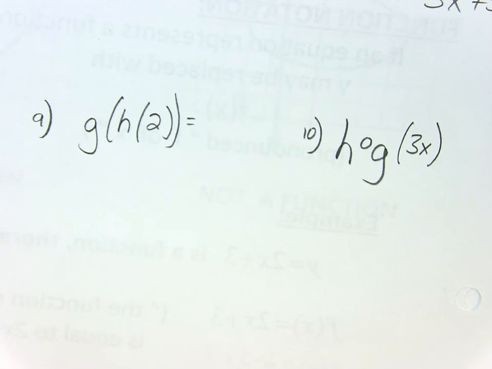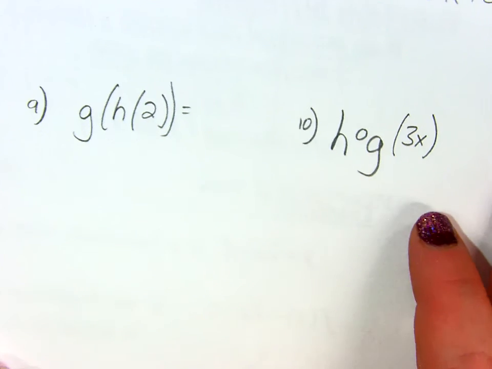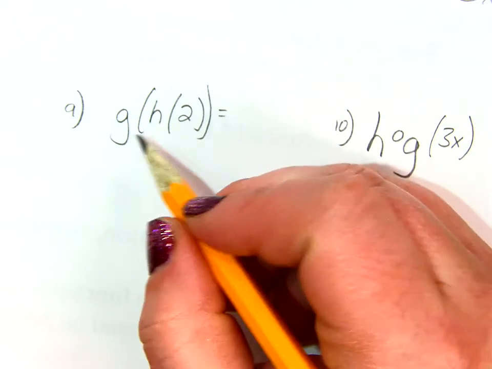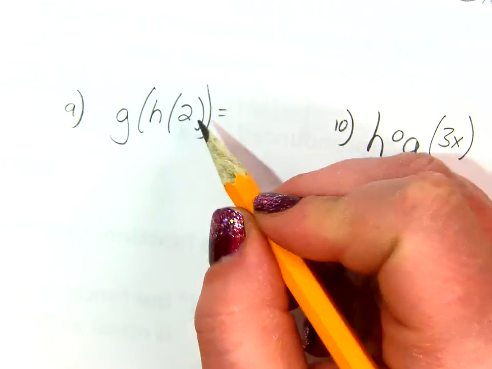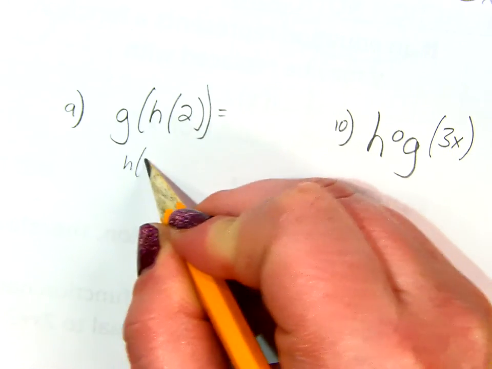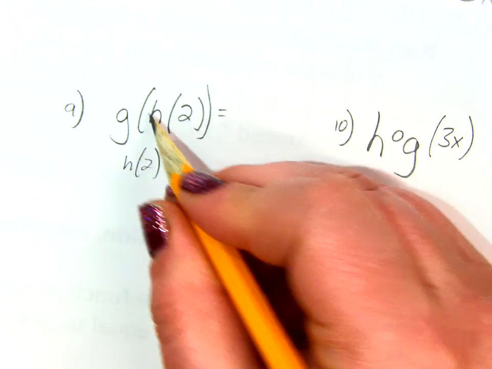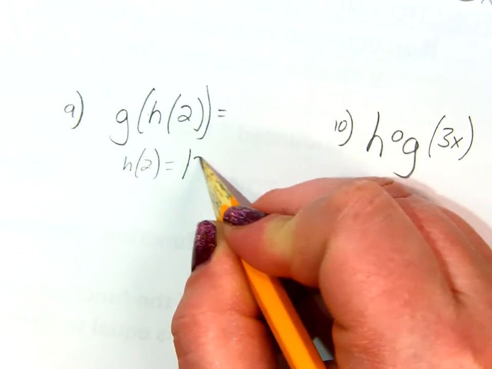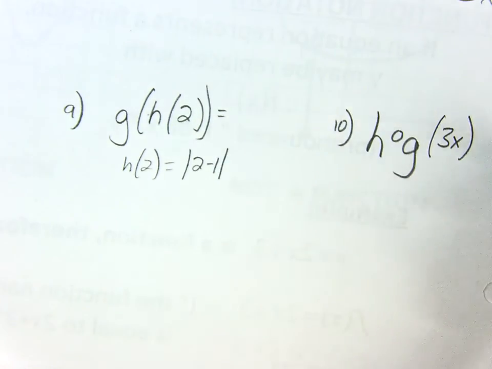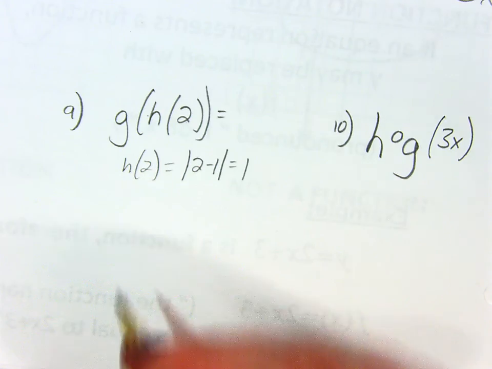Okay. Did we get somewhere? All right, let's try it. So number 9, g of h of 2. I'm going to do h of 2 first. Take the 2, plug it into h, so that's just going to be the absolute value of 2 minus 1, so that just comes out to be positive 1. Agreed? Okay, now I take positive 1 and plug it into g.